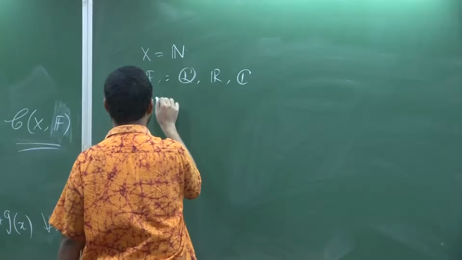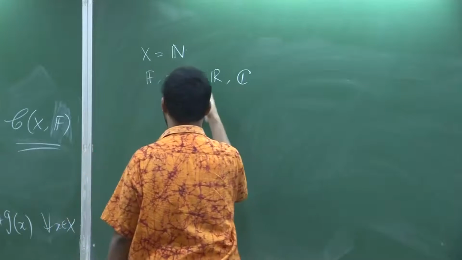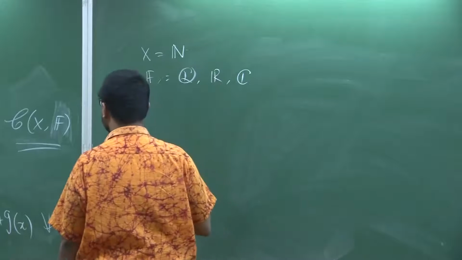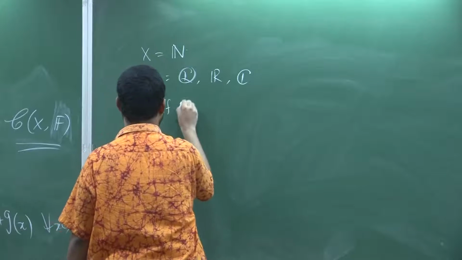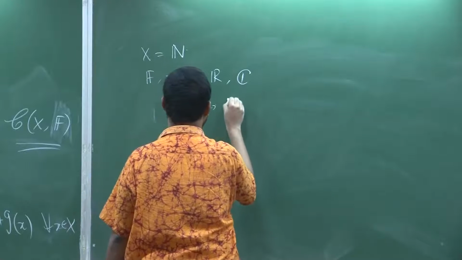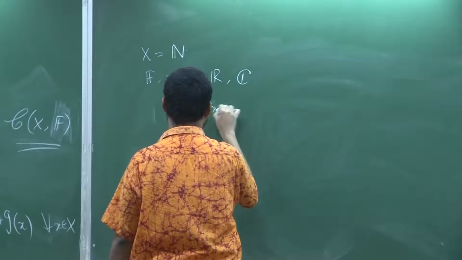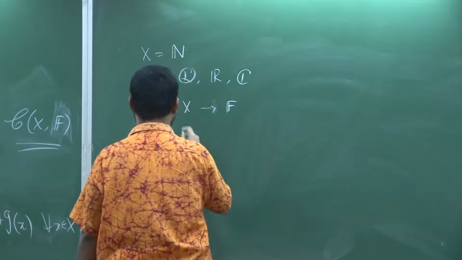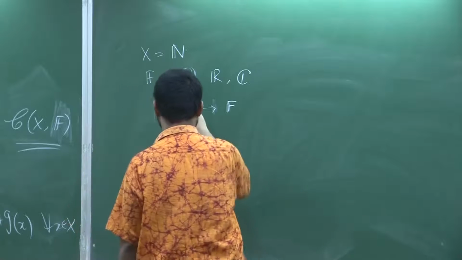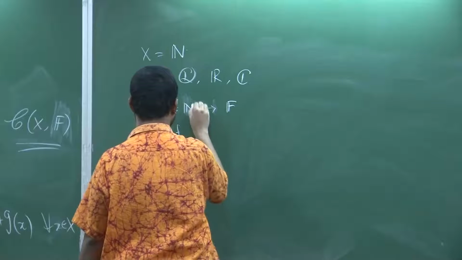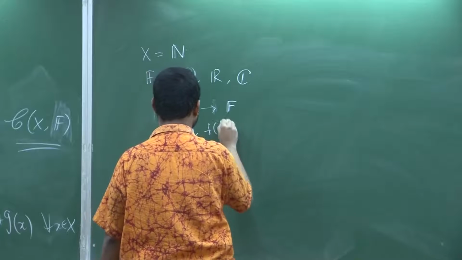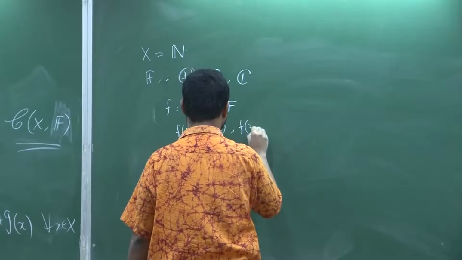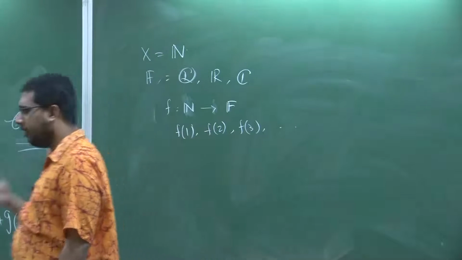So, suppose you are given a map from N to R or C or Q. Then if f is a map from N to R or Q or C, what you have is, so this is N, and you have these members in F: f(1), f(2), f(3).